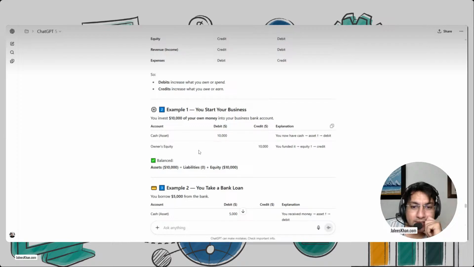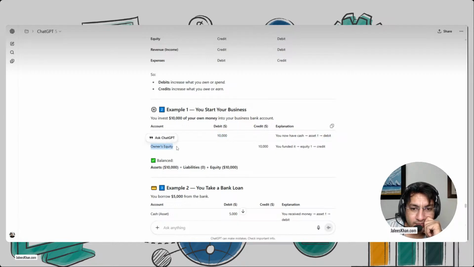Let's see. Cash, $10,000 debit, asset. You now have cash, asset increase, debit because of the ending point.